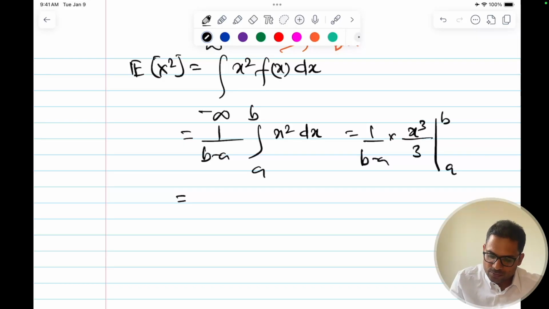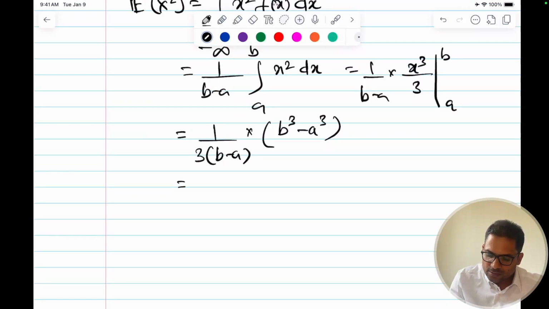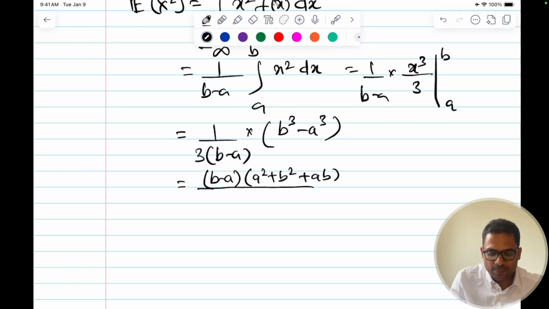This is equal to, let's bring this out, 1 by 3 times b minus a into upper limit minus lower limit. So we know the formula for b cube minus a cube from our high school: b minus a into a square plus b square plus ab, over 3 times b minus a. This b minus a gets cancelled.